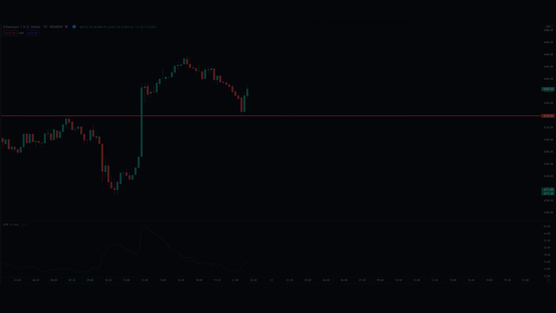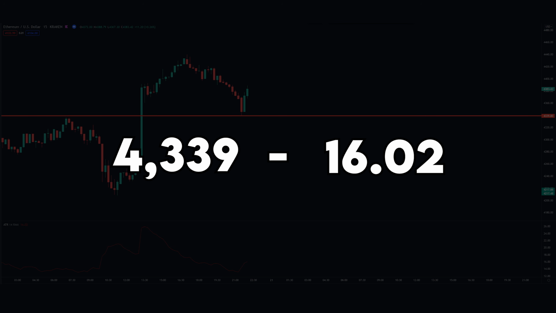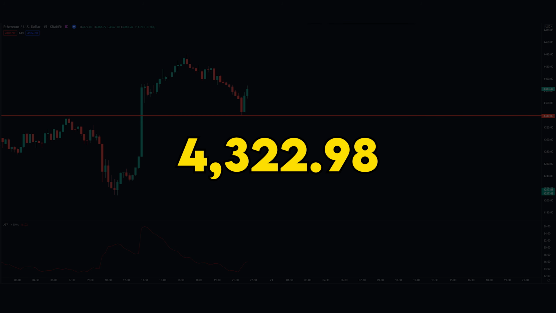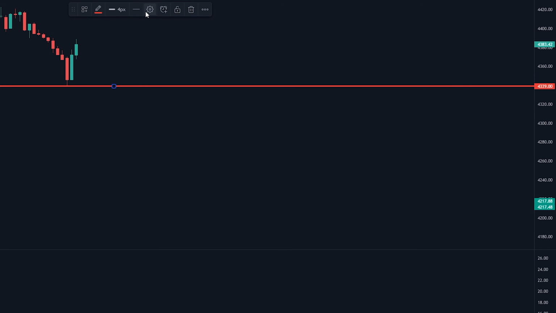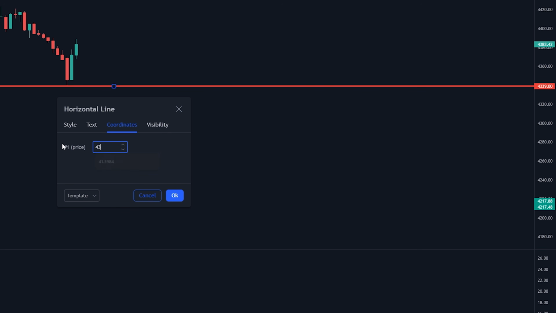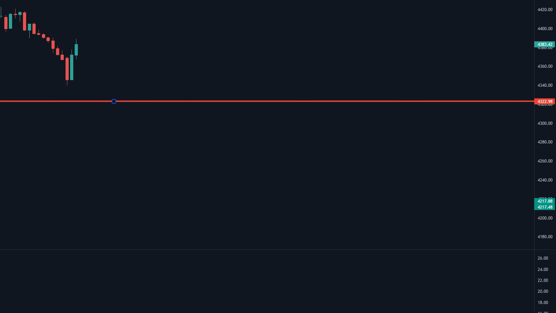So you take 4,339 and subtract 16.02 from it, giving us 4,322.98. This is the new level of where we're going to be setting our stop loss. So all you have to do is move our stop loss from the old value to our new value. So yes, we do have a larger stop loss, but that's the whole point. We don't want to get stopped out because the market is more volatile than we thought.